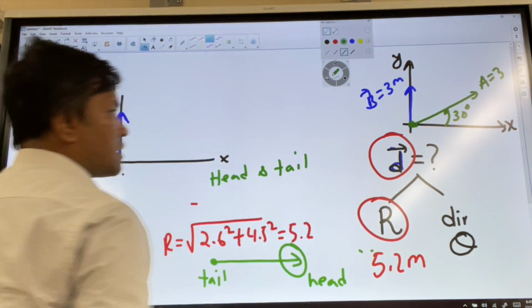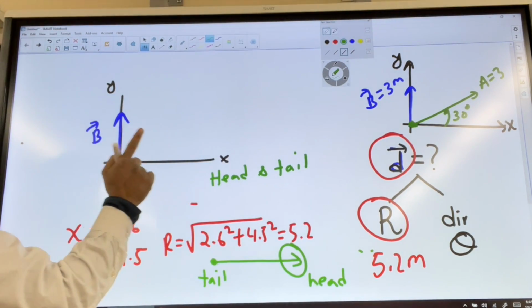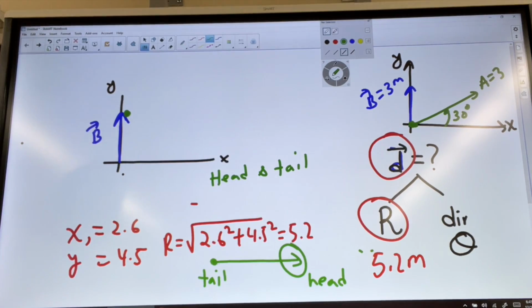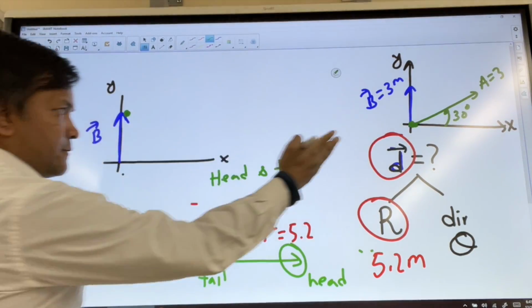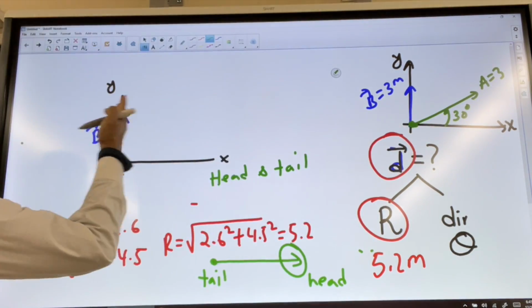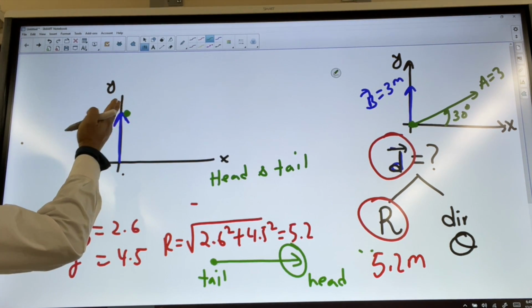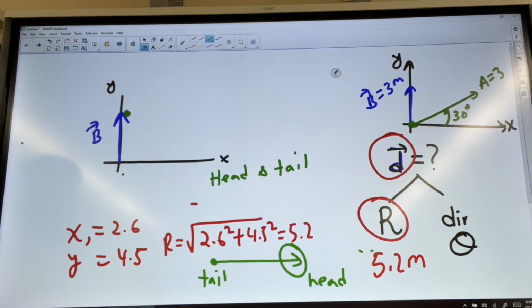So I'm going to place the tail of vector A at the head of vector B, without changing the direction.